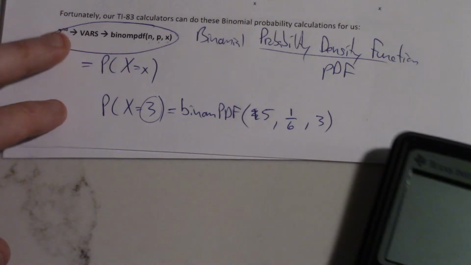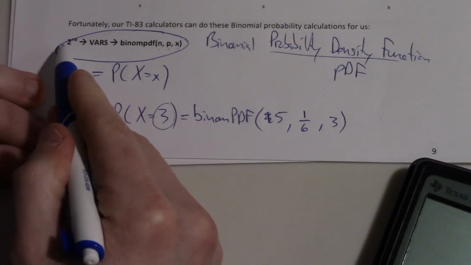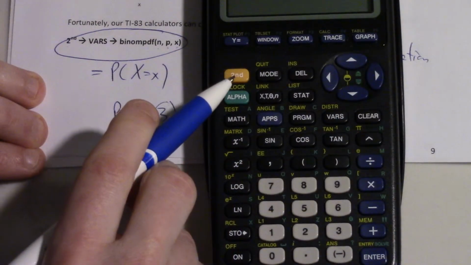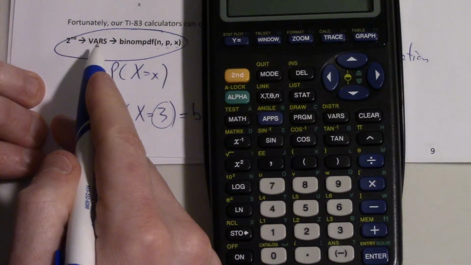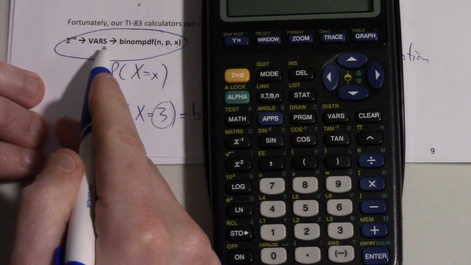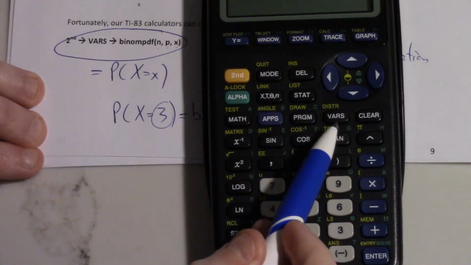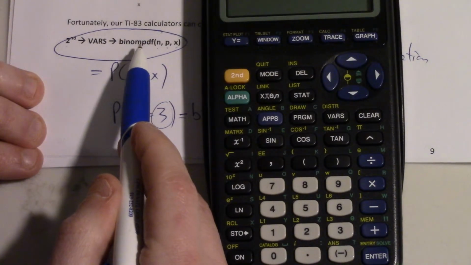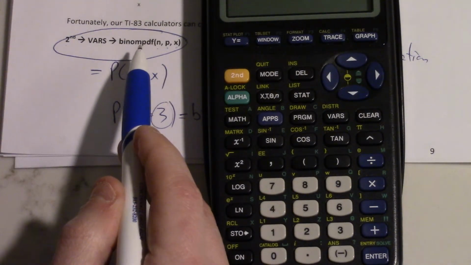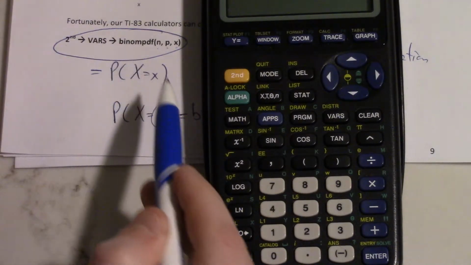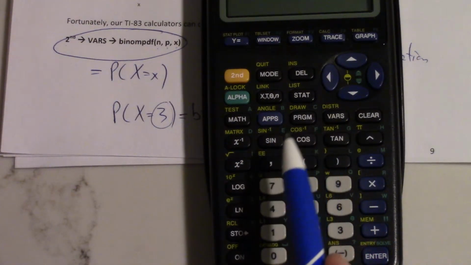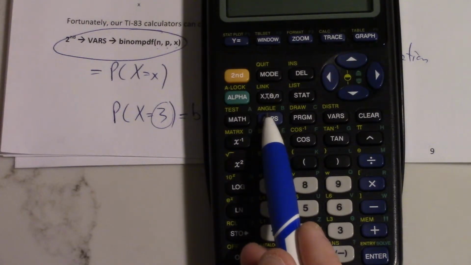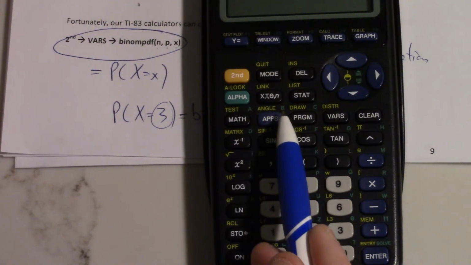So to get to this function, here's what you do. You press the second button, which is this yellow button, plus next you press the vars button, which is next to the down arrow, and then we'll find the binomial PDF entry. So if you've never used a TI-83 before, you'll notice that above each button, some words are in yellow, some words are in green.